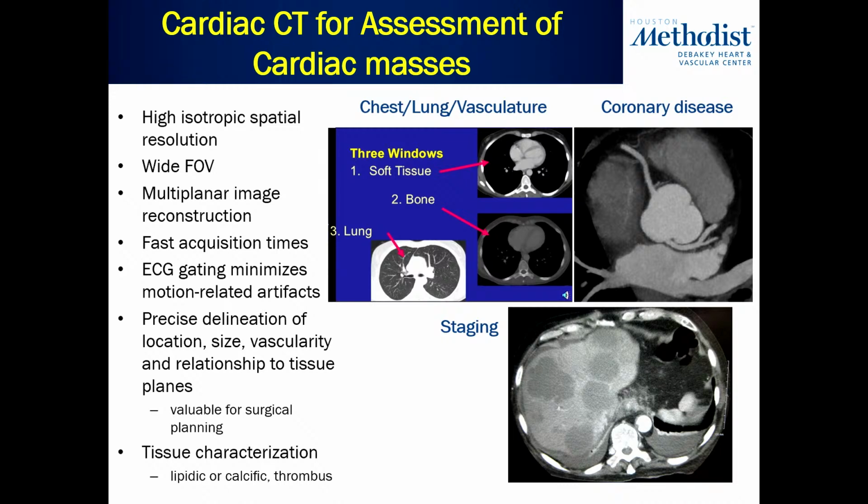If you add the abdomen and pelvis, you can also stage the disease should this patient have metastases in other locations. So it can be very helpful. And CT, as I will show you, has some basic tissue characterization which can at least identify some simple lesions like those that are calcified or lipomatous.